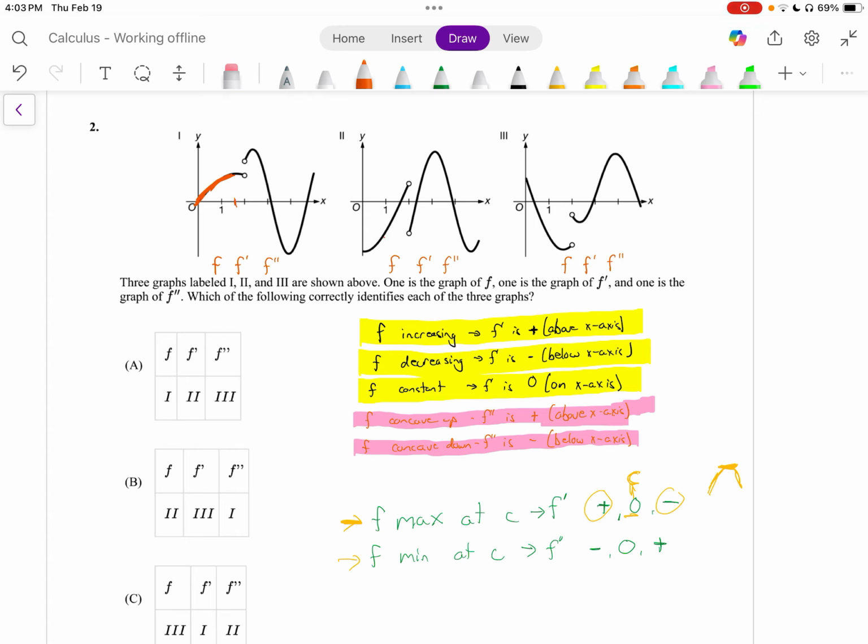Well, this one is not positive up until 1.5, and option 3 is positive for a tiny bit, but not up to 1.5, which means this one can't be my first derivative. It actually can't even be my second derivative. Sorry, it can't be the original function.